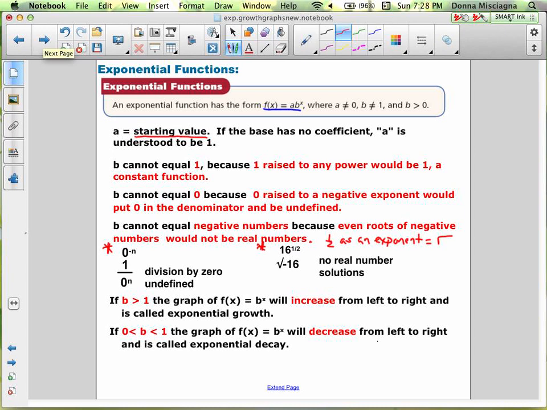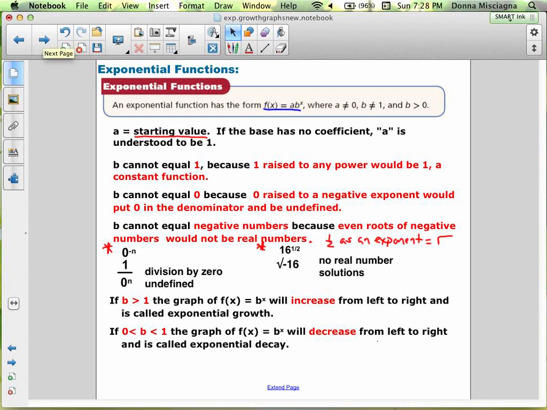If it's between 0 and 1, the graph of f of x equals b to the x will decrease from left to right, and it's called exponential decay. So base greater than 1, your graph grows, increases from left to right. If your base is between 0 and 1, your graph declines. It's going to decrease from left to right.